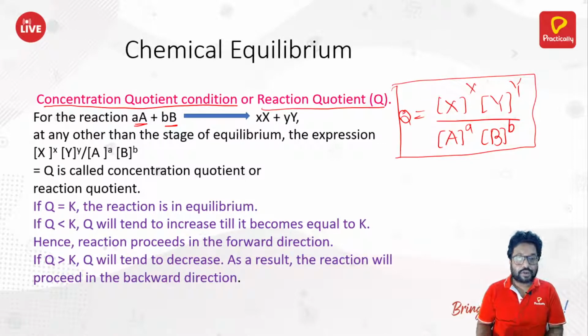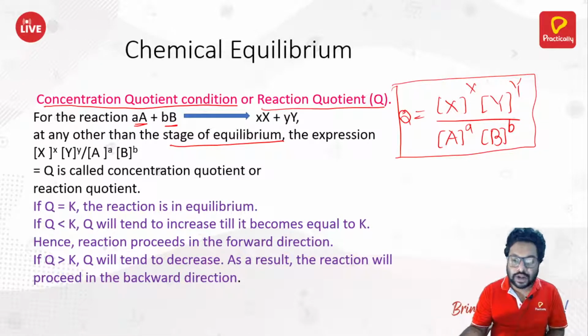So for the reaction aA plus bB gives you xX plus yY, at any stage other than the stage of equilibrium, Q differs from K. If you have attained the stage of equilibrium, then Q is nothing but your K only. That means your reaction is in equilibrium at that time. But if the value of Q is less than K, then obviously the reaction will try to go in the forward direction.